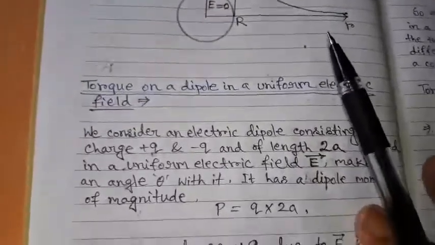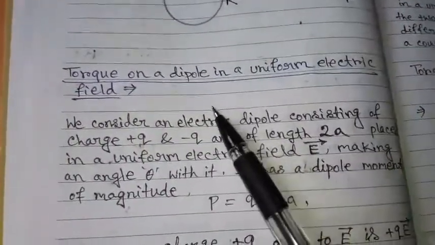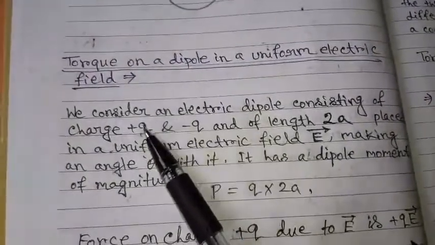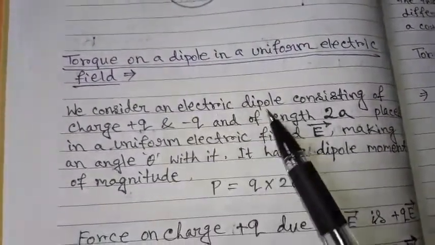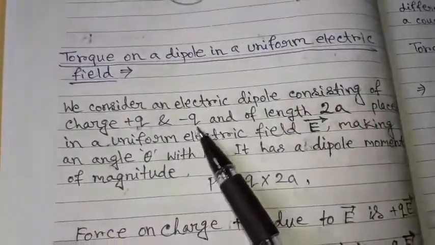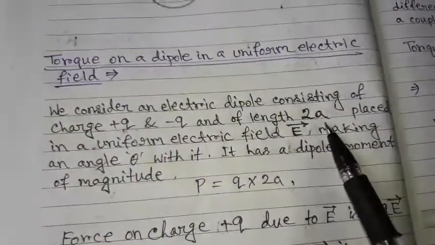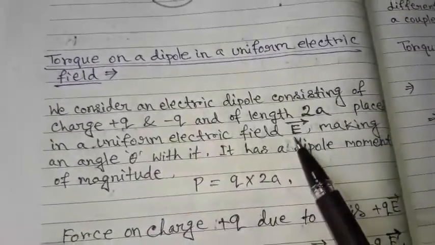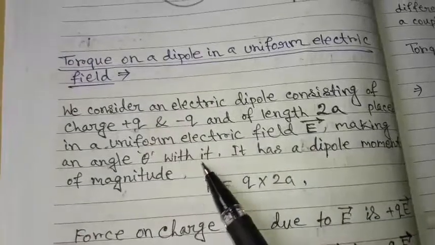Next topic. Torque on a dipole in a uniform electric field. We consider an electric dipole consisting of charges plus q and minus q and of length 2a placed in a uniform electric field E, making an angle theta with it.